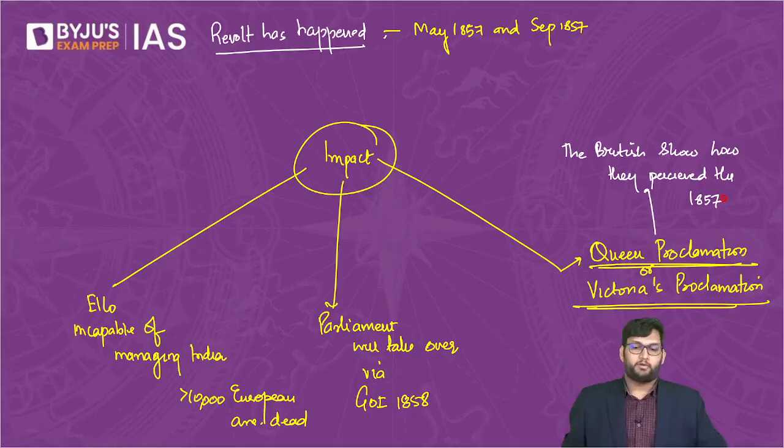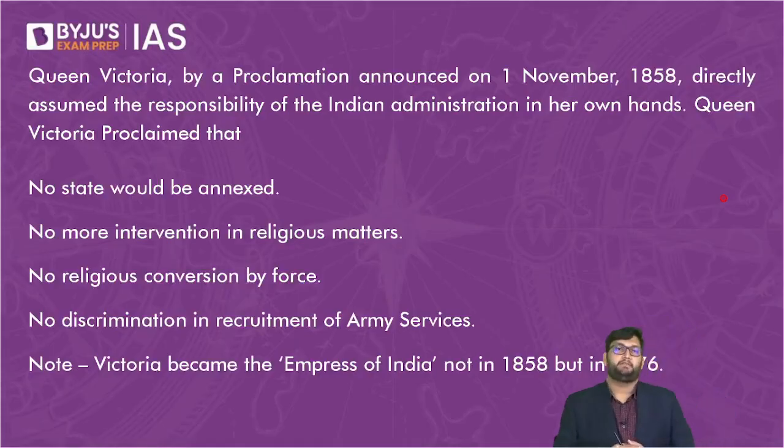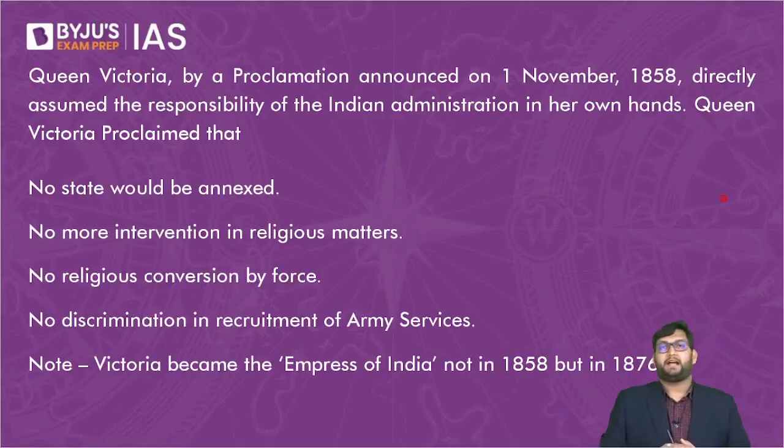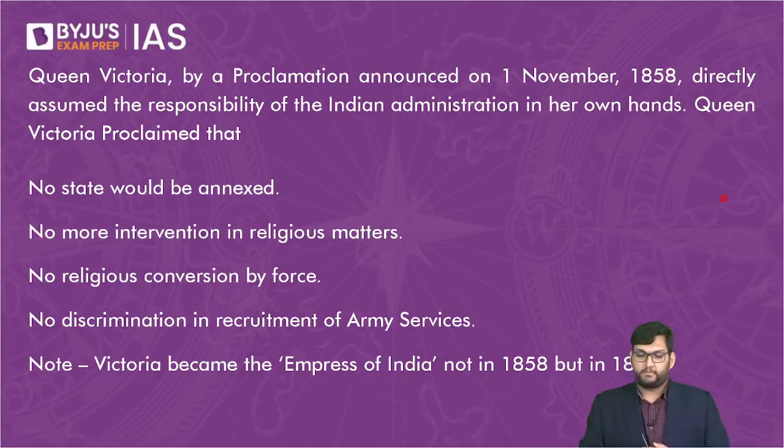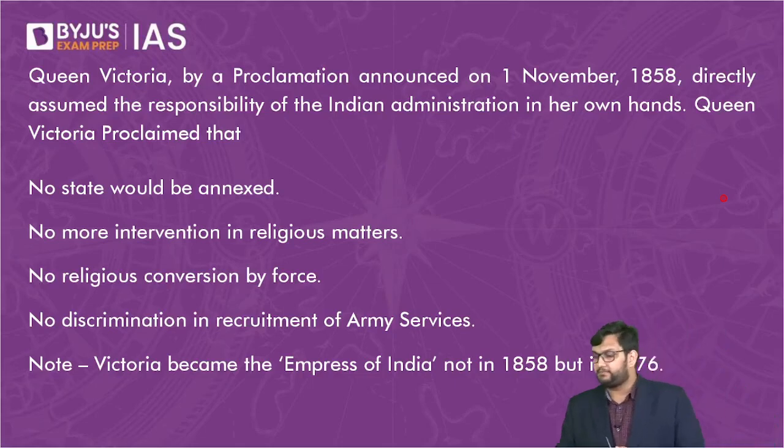So when Victoria will give the proclamation, she will very simply say on 1st November 1858 that I proclaim the following now that the crown controls India. And the proclamation are very simple and very straightforward.